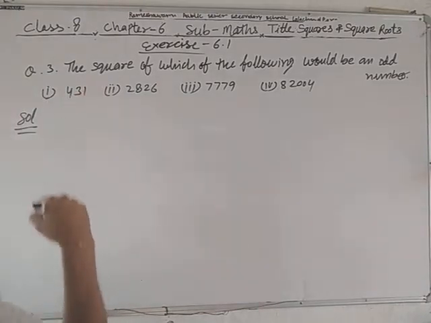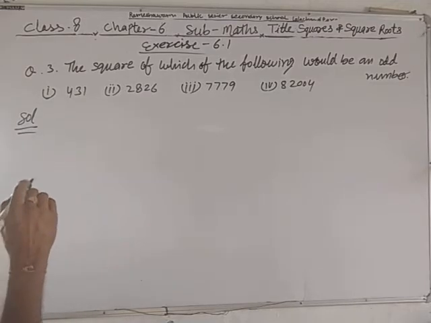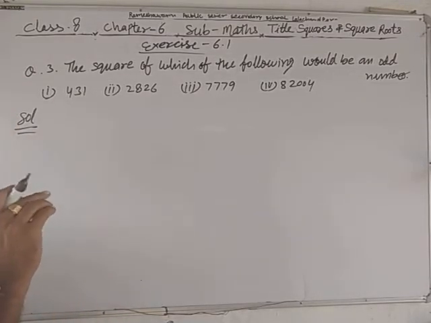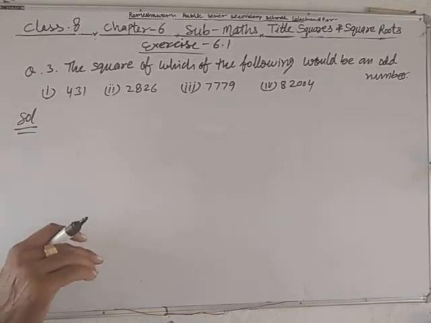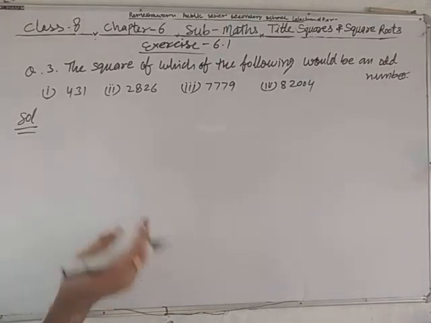Question number 3. The square of which of the following would be odd? We know that the square of an odd number is odd and the square of an even number is even.